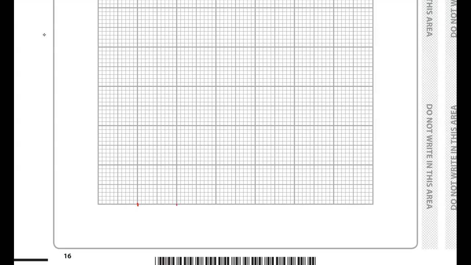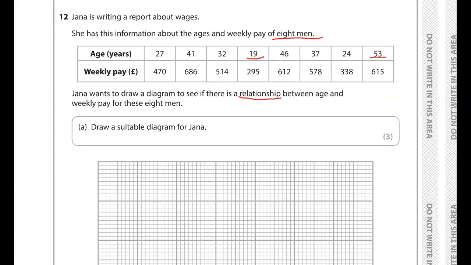Suppose we can do these wider, so if we do 20 here, then we do 40 and 60 here. So 0, 10, 20, 30, 40, 50, 60 and 70. Age in years. And weekly pay in pounds here.